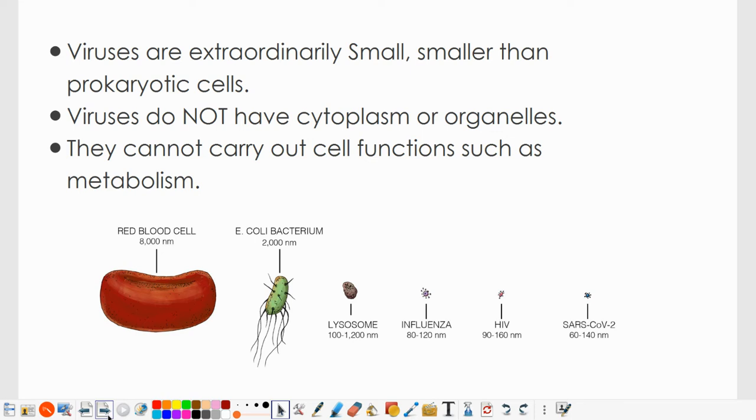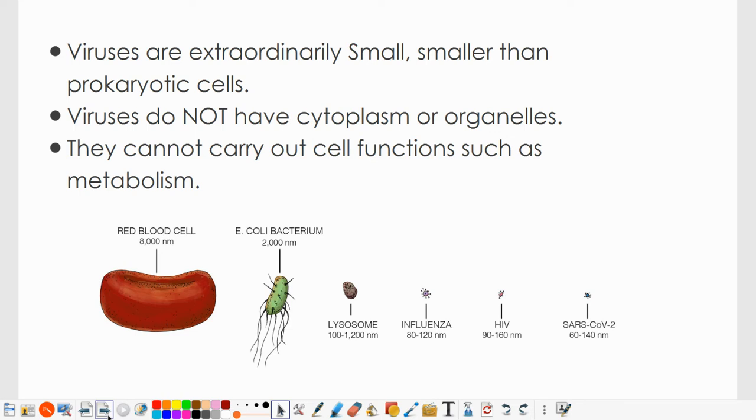Viruses are extraordinarily small, incredibly small, teeny, tiny little things. Smaller than bacteria, smaller than prokaryotic cells. At the bottom of the screen there, I've given you an illustration to help you visualize just how small viruses are.